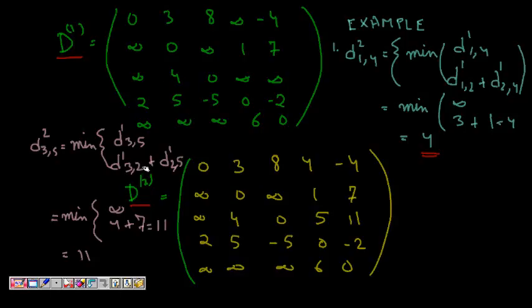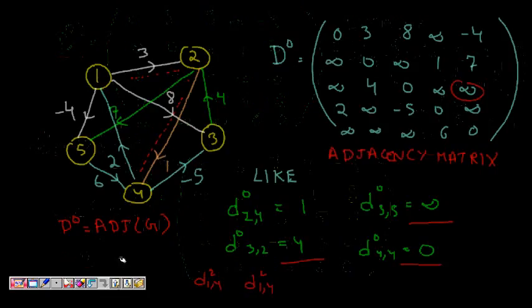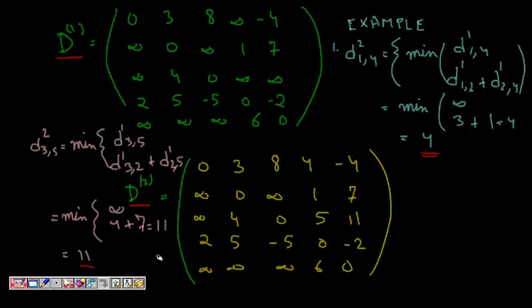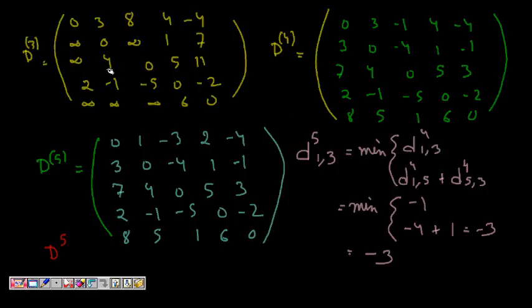So 3 to 2 is 4, and from 2 to 5 it is 7, so it is 11, and that's what we saw. So between 3 to 5 using just nodes 1 and 2, I could go via 2 and then 2 to 5. So it was 4 plus 7, 11. Okay. So this is the calculation.